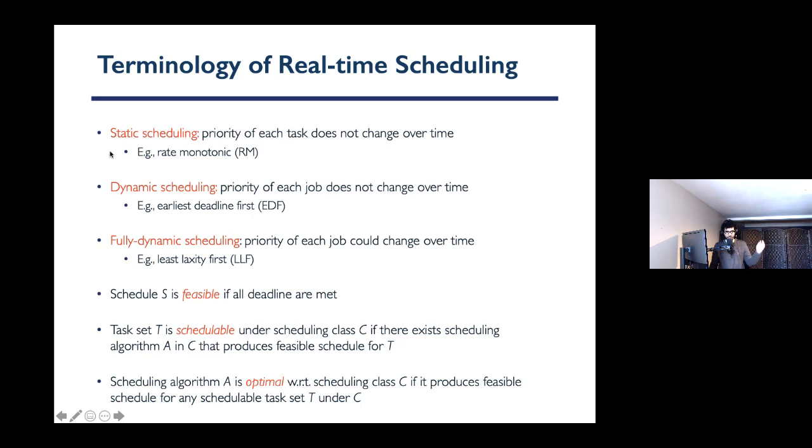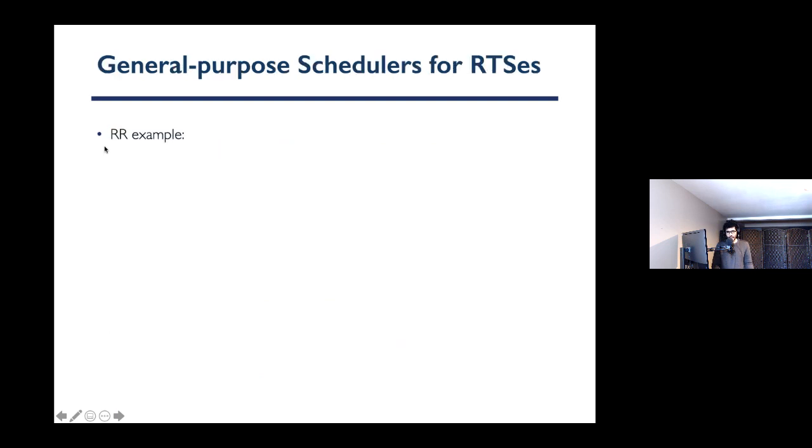So if you give me a set of tasks and there exists a scheduling policy in this class that can schedule that, then I can also schedule it. I'm as good as any other scheduling policy in my class, then I become optimal, right? It's like the top student in a class. If anybody else can do this, then I can do it too. Then I'm optimal. Okay, now that's the definition. We'll come back to it. If you didn't understand it fully, it's fine. I will come back to it.